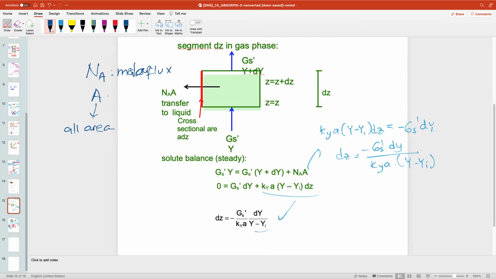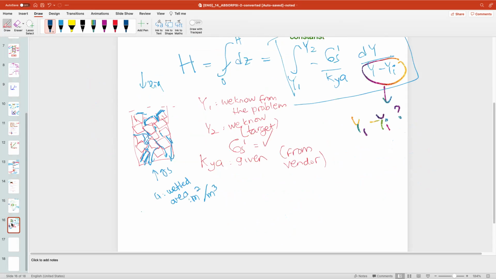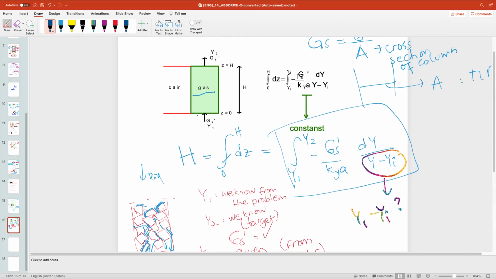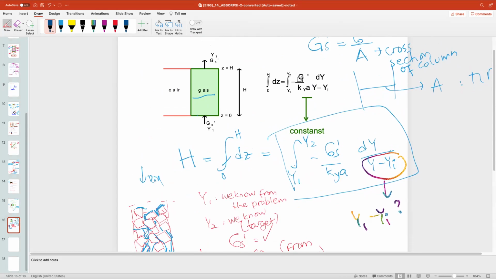So in summary, if we do the integration, the integration of dZ from Z equal to 0 to Z equal to H gives the overall height. That is equal to the integral from Y1 to Y2, from the bottom here, Y1 to Y2, negative.